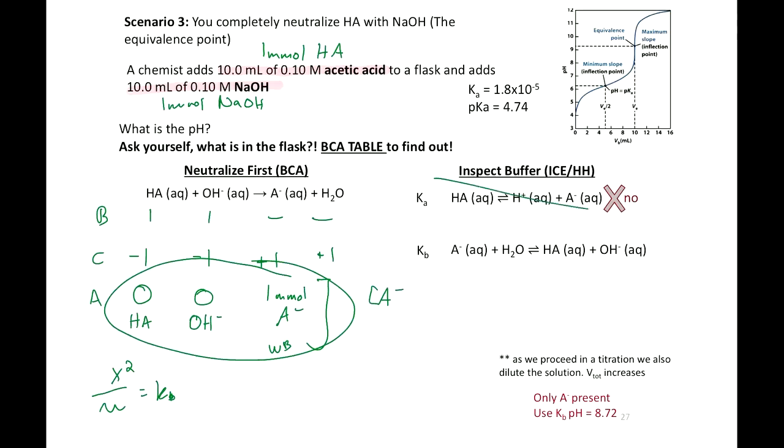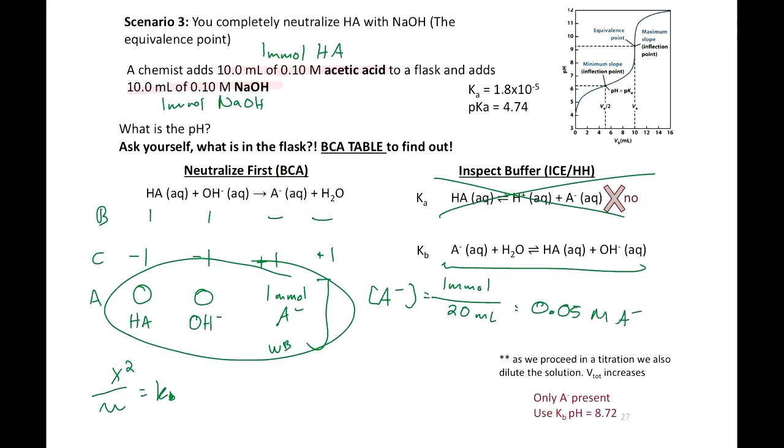So we do not use Ka. We're using the Kb expression because A minus is a base. So A minus concentration is 1 millimole over, what's the total volume? 20 milliliters, so we get that the concentration is 0.05 molarity A minus. So to solve for the pH, it is x squared over 0.05 molarity equals Kb.